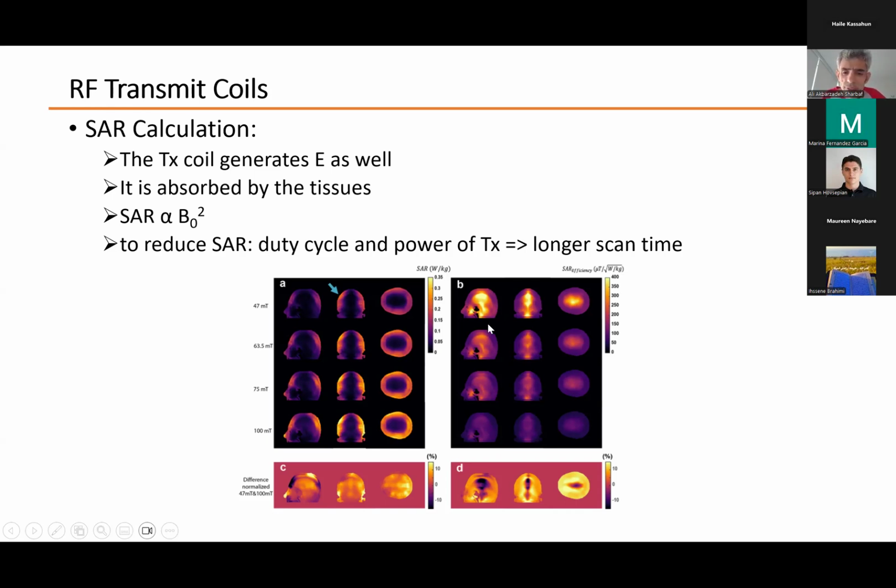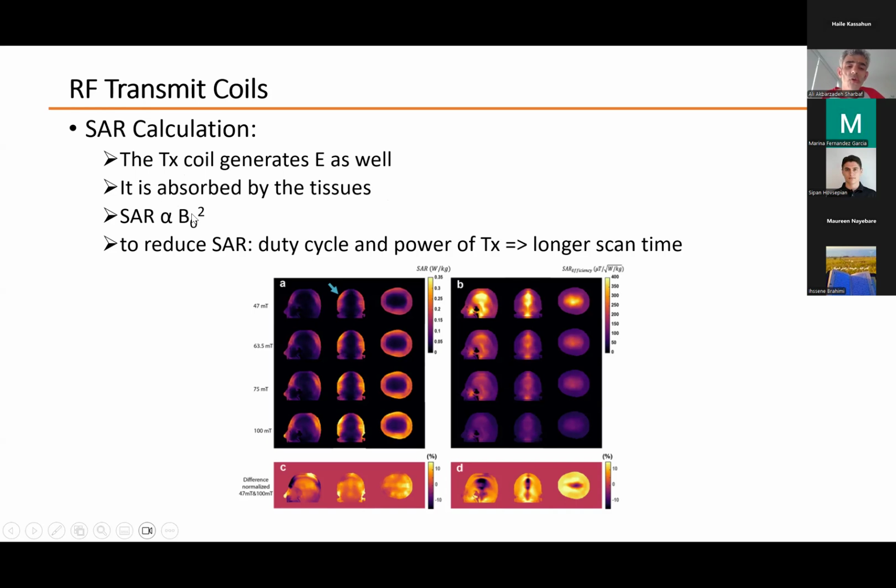It becomes more important and more challenging in high field MRI, because the SAR is proportional to B0 squared.